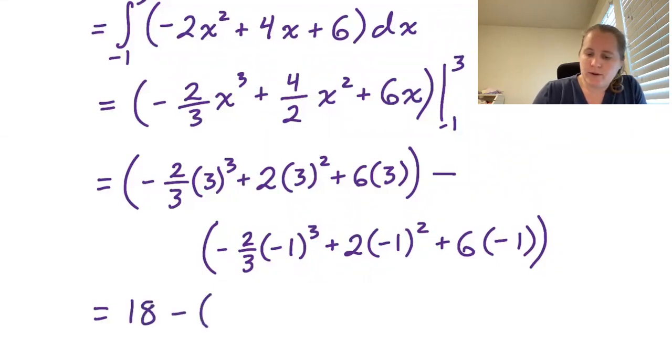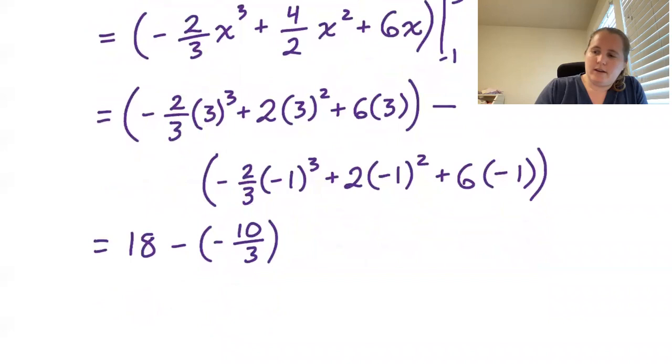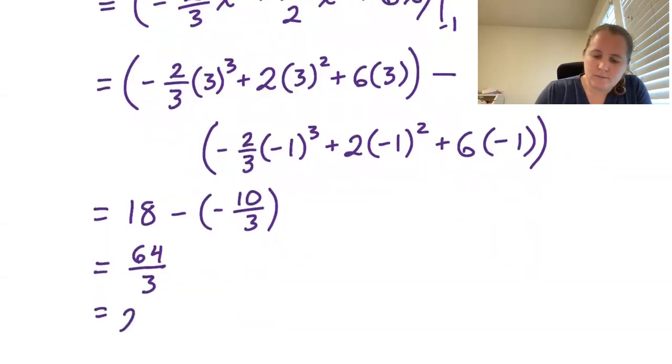And then we are subtracting -10/3. And this is 18 times 3, which would be 54, plus 10, so 64/3 or 21 1/3.